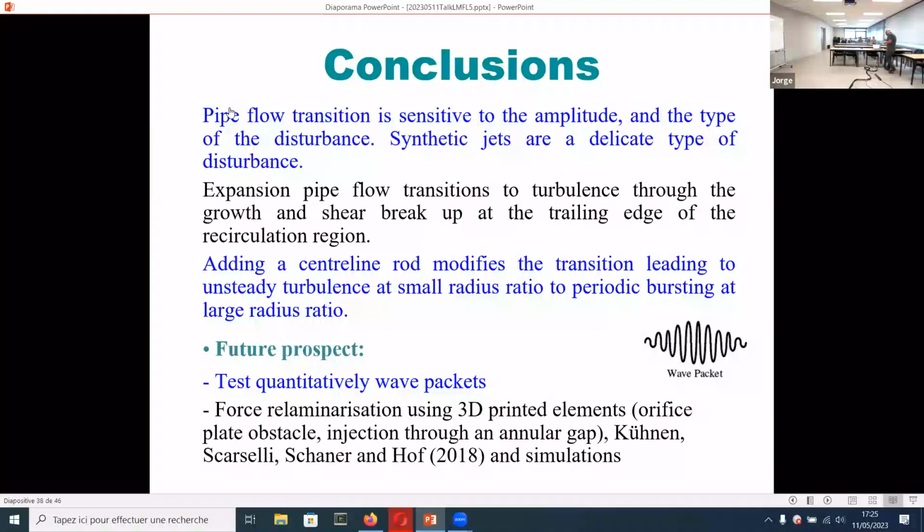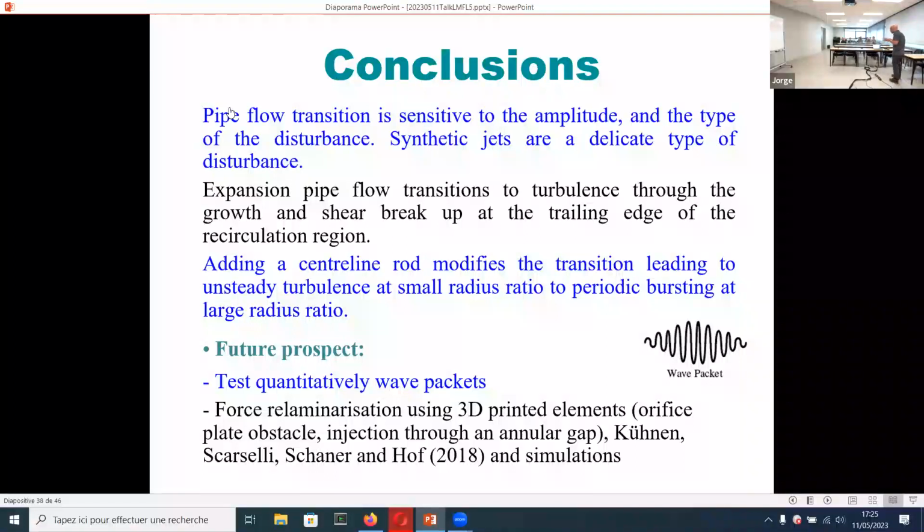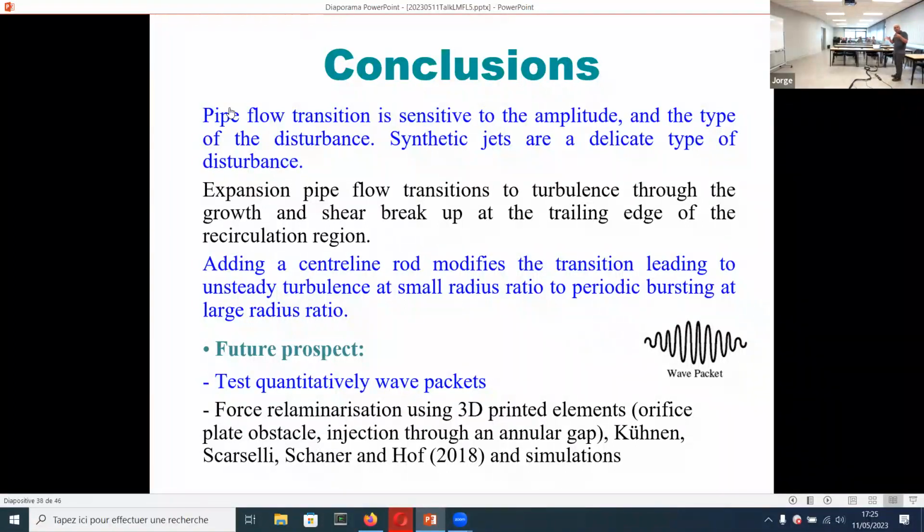And to finish, I would like to mention that we are still in very exciting times for transition to turbulence, because now with 3D printing, some people, including Bjorn Hof and his group, have developed objects, obstacles, injected objects that can relaminarize the flow, get the flow straight.